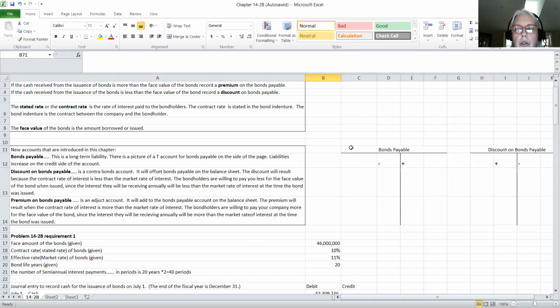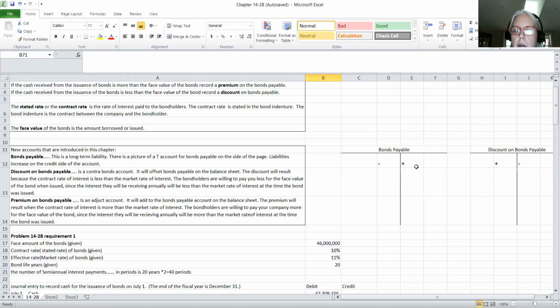Now you need to understand that the discount on bonds payable is what we call a contra bonds account. So that means it's going to have a balance that is opposite of your bonds payable. Since bonds payable has a normal credit balance, a discount on bonds payable will have a normal debit balance. It will increase on the debit side.